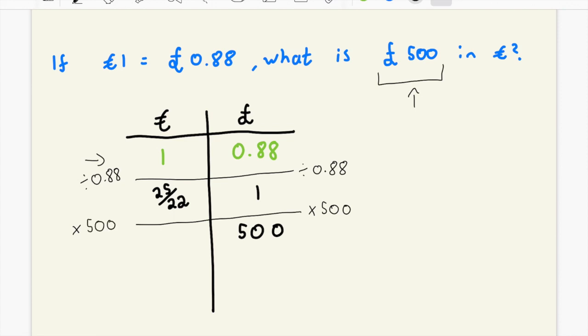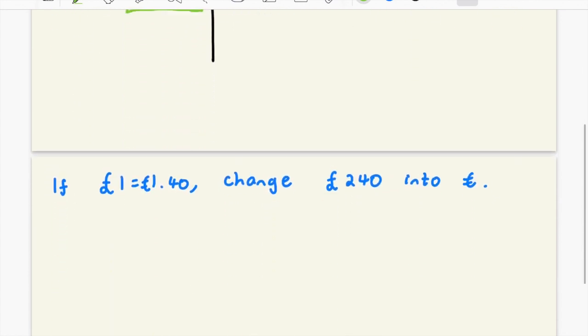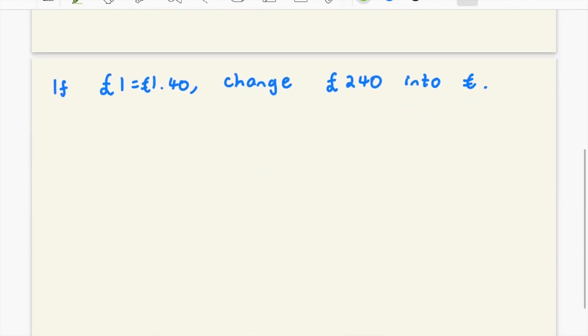And if you calculate that out, it will give you 568.18. And that is our final answer in euro. So £500 sterling, in this case, is equivalent to 568.18 euro.